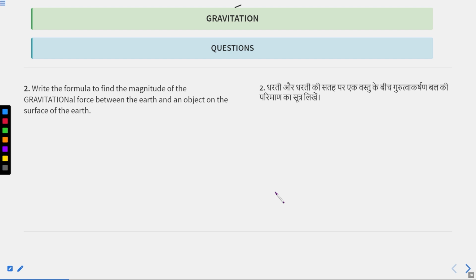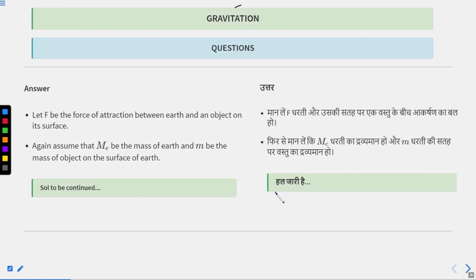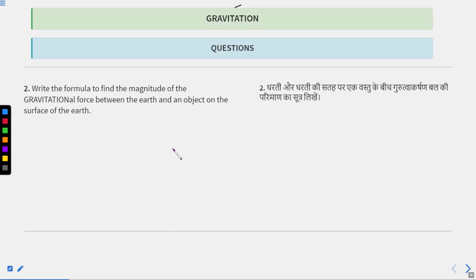Question number 2. Write the formula to find the magnitude of the gravitational force between Earth and an object on the surface of the Earth. How are you going to calculate it? Now we know that this is our Earth, this is the surface of the Earth, and the radius is r.